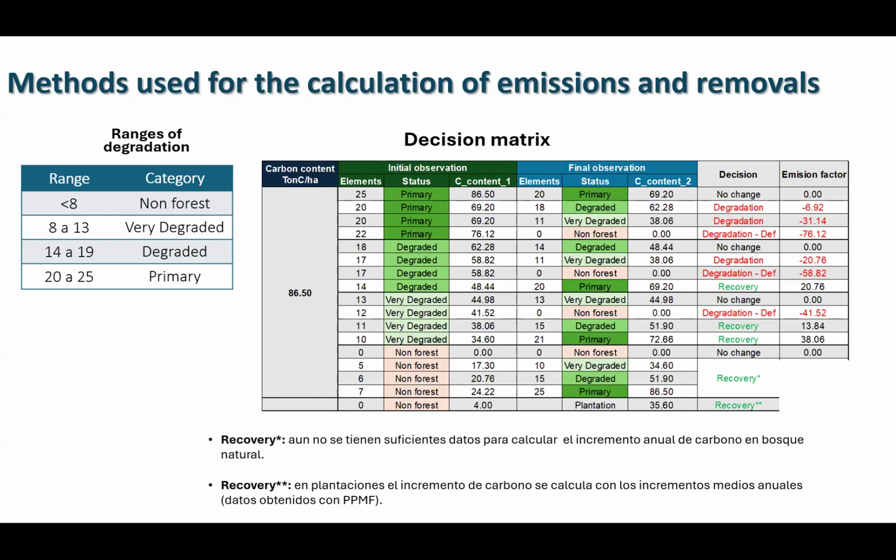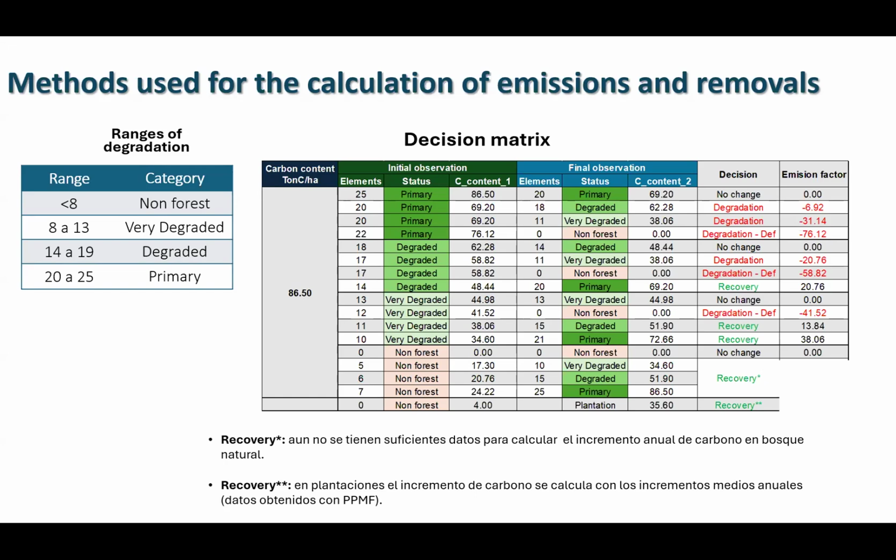And if we saw the plot pass from primary to degraded, we only assigned the carbon content of the elements that were lost.